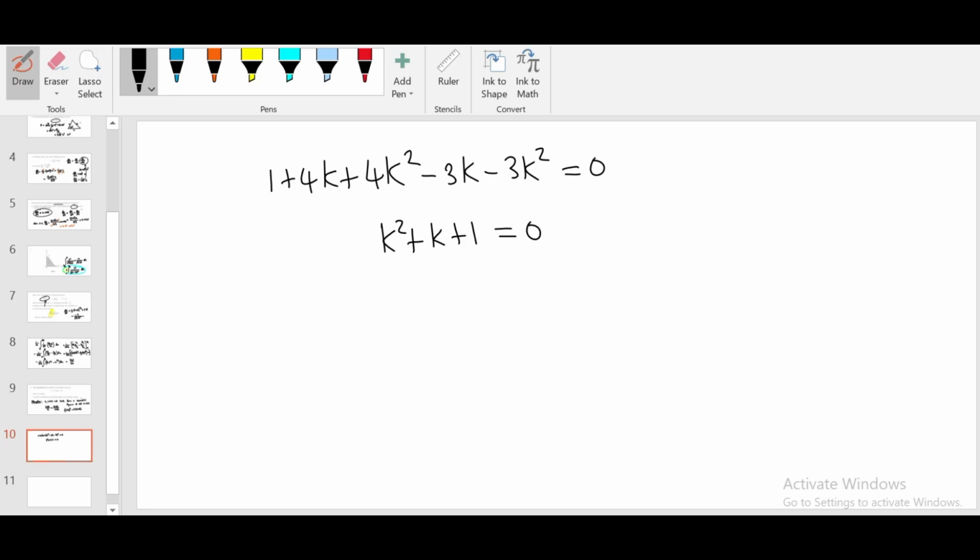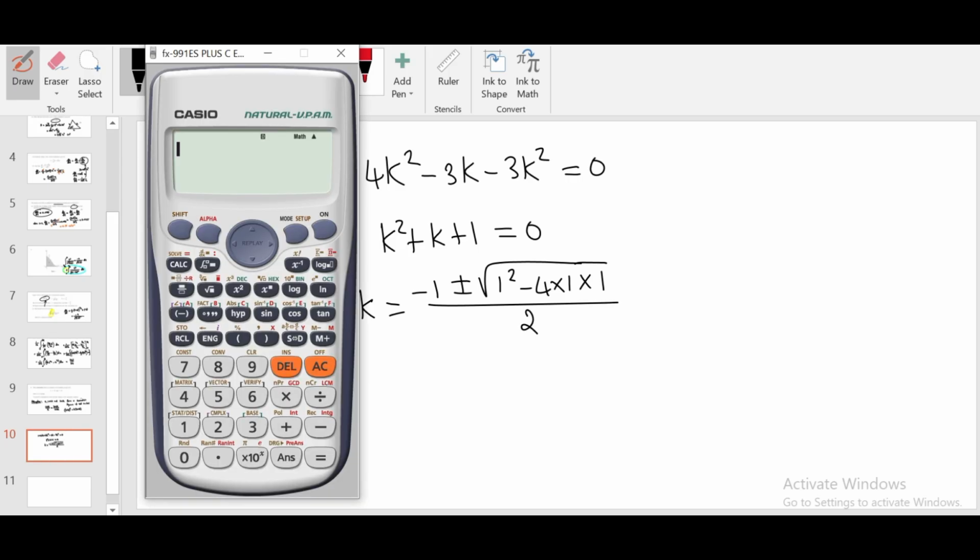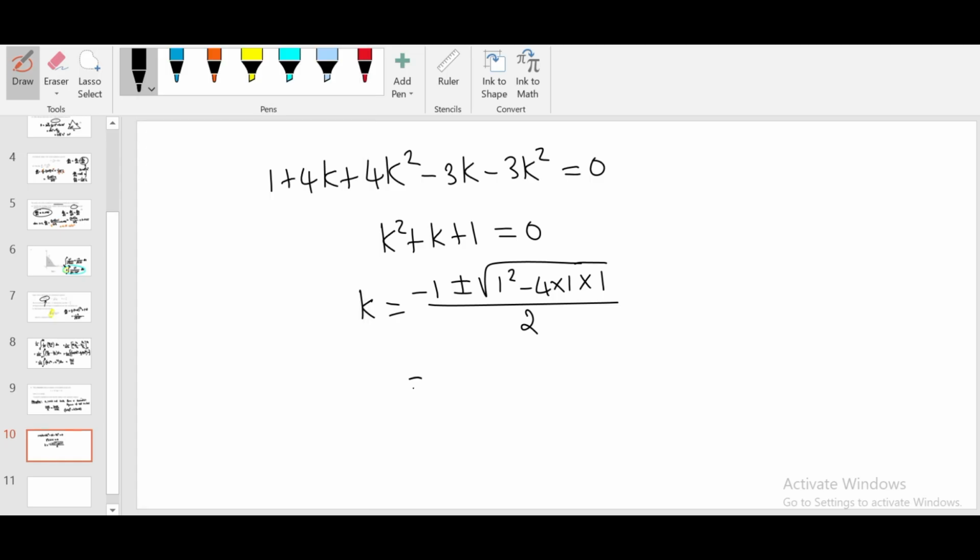You need to solve this quadratic equation. k is equal to minus b plus or minus square root of b squared minus 4ac, divided by 2a. I'm going to straight away use my calculator to solve this. 1, 1, 1, all the coefficients are 1. So k is equal to minus 1 over 2 plus or minus root 3 by 2 i.